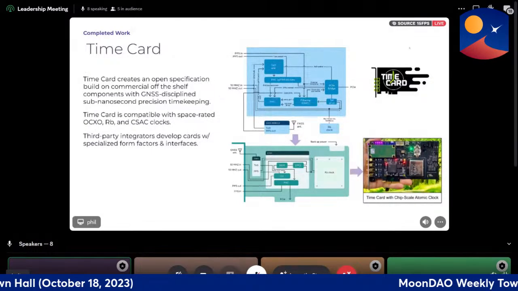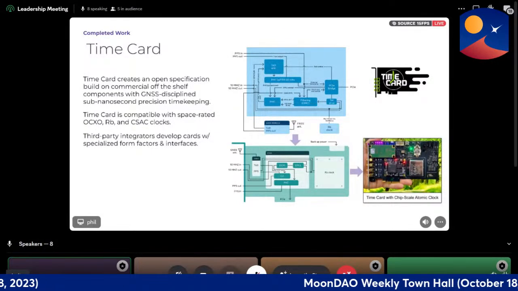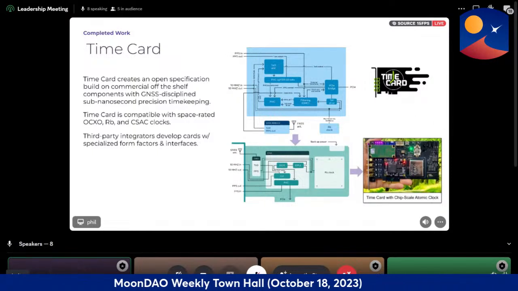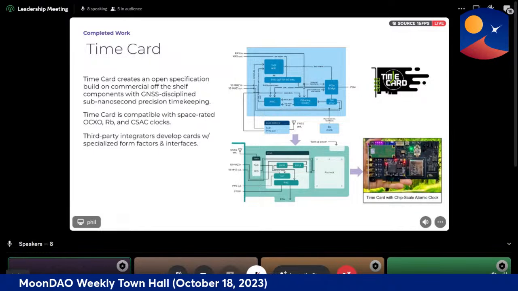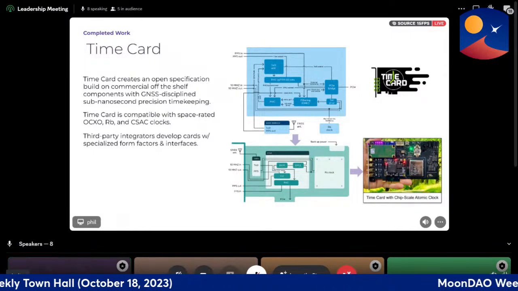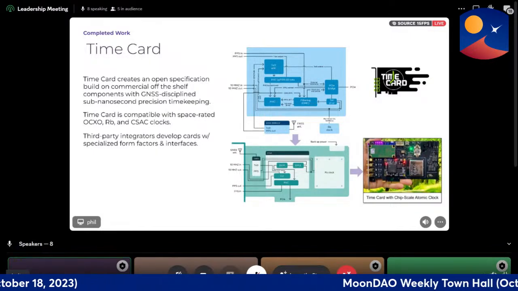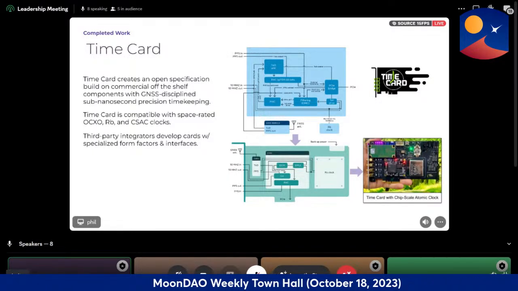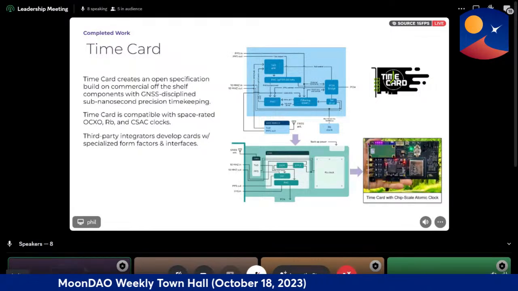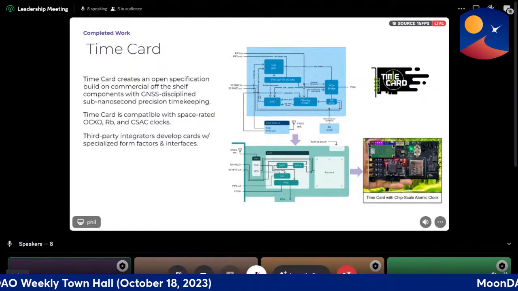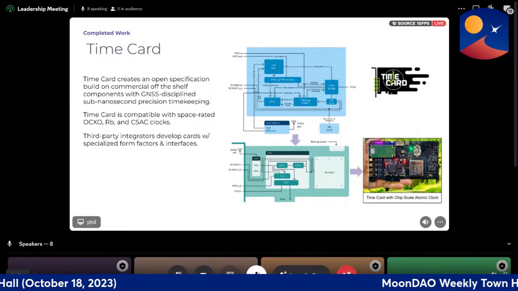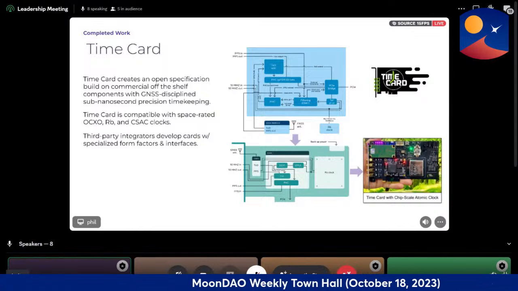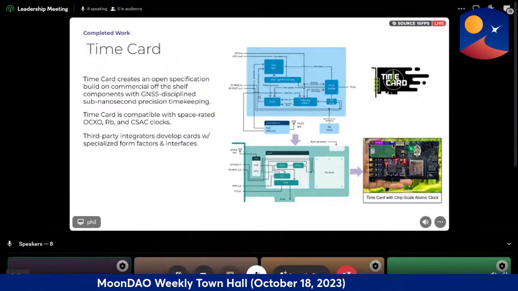These are some technical details about the time card. The time card itself has this CSAC module, this big shiny box on the card. That's the clock itself. The rest of the card is there to support that clock and also enable the 10 megahertz signal and the pulse per second signal out to other things.